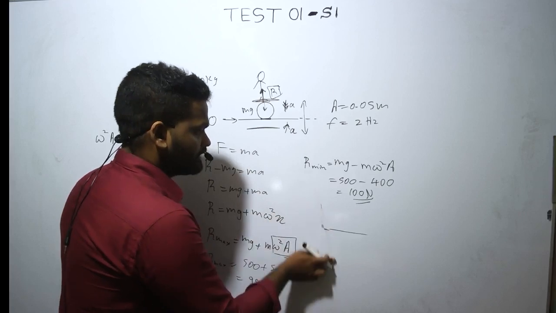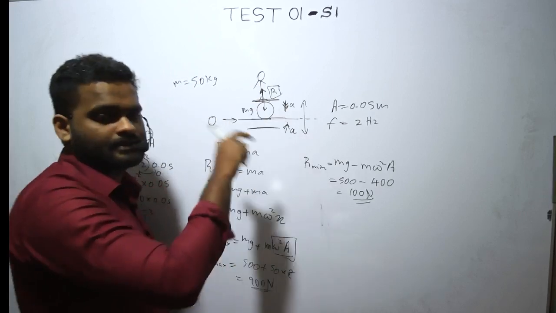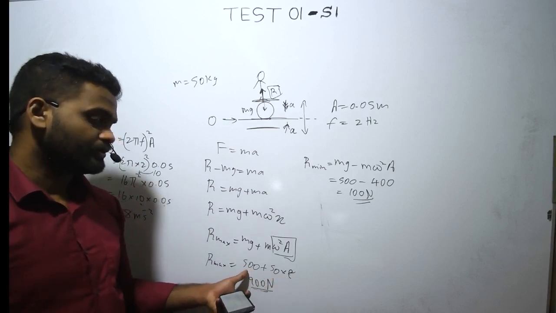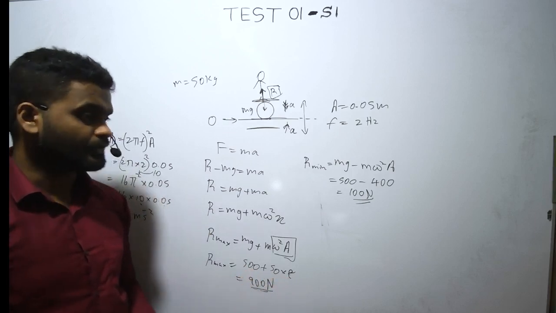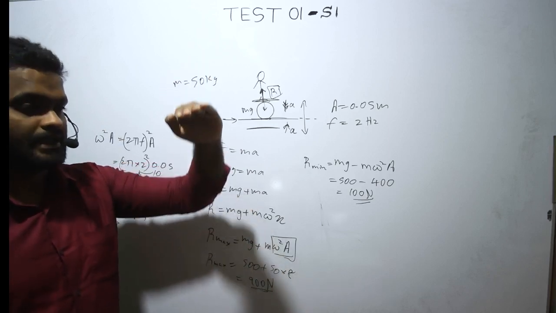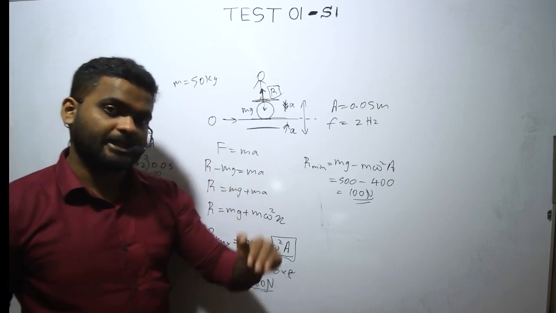And at the center, the value is 500, right? At the center, acceleration is 0, so the value is 500. So you can see it changes between 100, 500, then 900, again 500, 100. Likewise, it keeps changing, right?